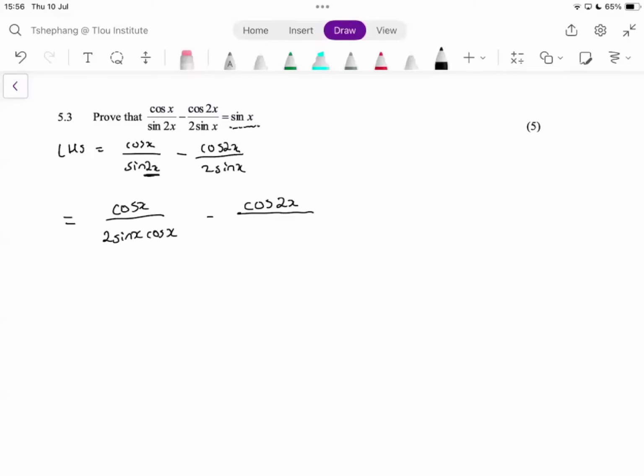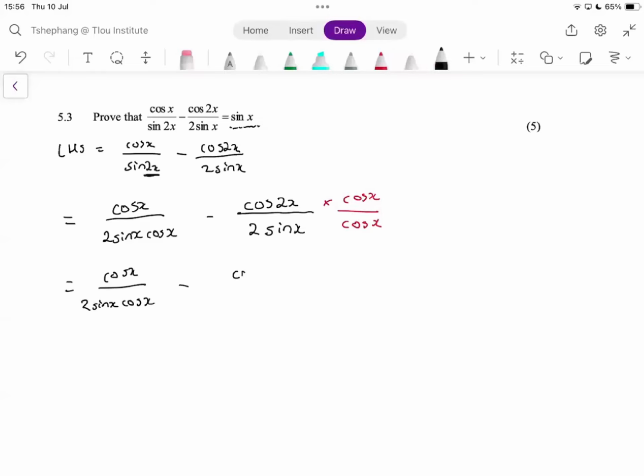Okay? 2 sine x. I want to get the same denominator. I want to get an LCD. What can I do? I can multiply this by cos x over cos x. Then it means I actually have cos of x over 2 sine x cos x minus what?